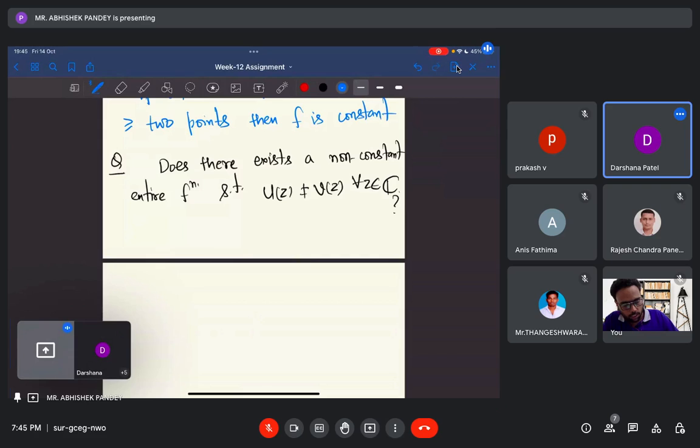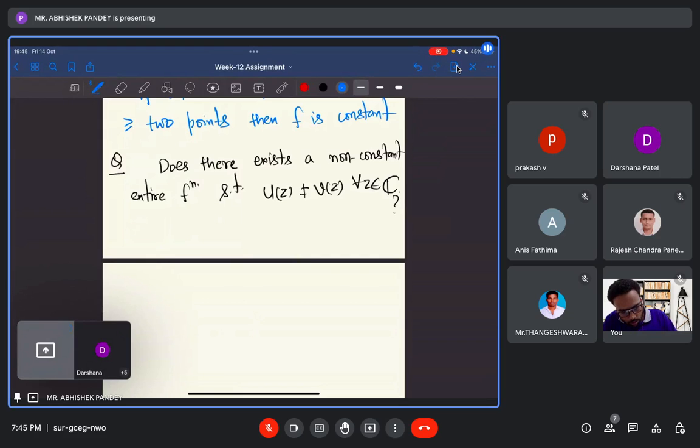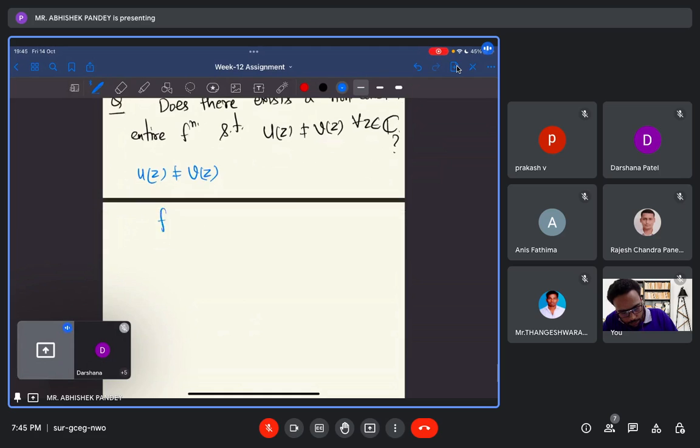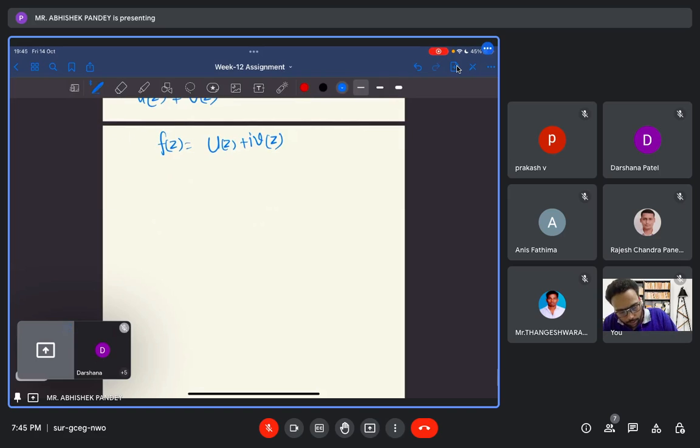So basically you see, if u(z) is not equal to v(z), your entire function is f(z) equals u(z) plus i v(z), and you have to construct an entire function such that this happens. So what kind of points will you omit?